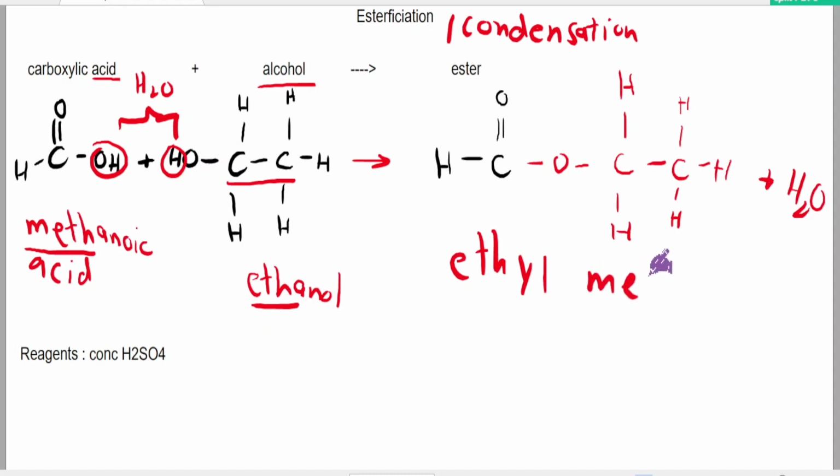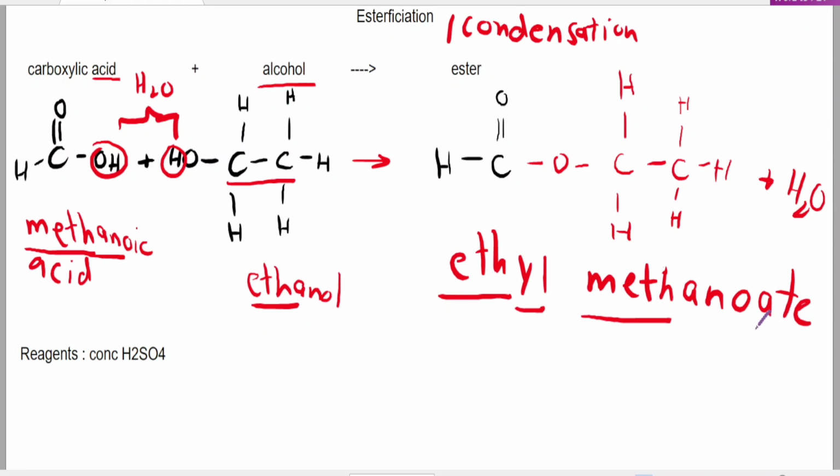So I write meth-an, so I write it till n, and then I simply write oate. So ethyl methanoate. First I write the alcohol, then I write yl, then I write the carboxylic acid name, and then I end it by writing oate.